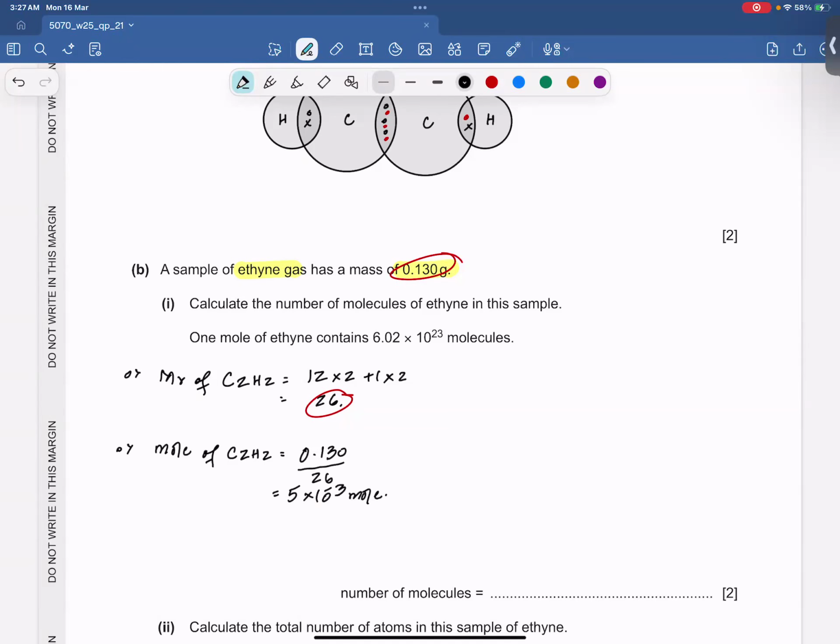Okay. Examiner is looking for the number of molecules of ethine in this sample. And by the way, when we talk about molecules, we need to consider Avogadro constant. And 1 mole of Avogadro constant has a value of 6.02 times 10 to the power 23. So 1 mole of C2H2, that is ethine, contains 6.02 into 10 to the power 23 molecules.